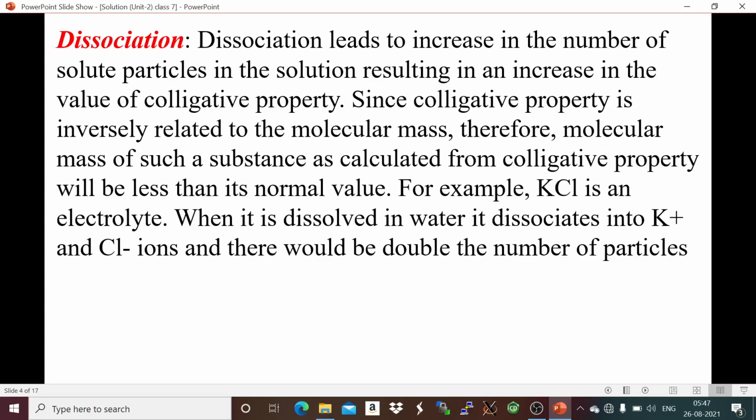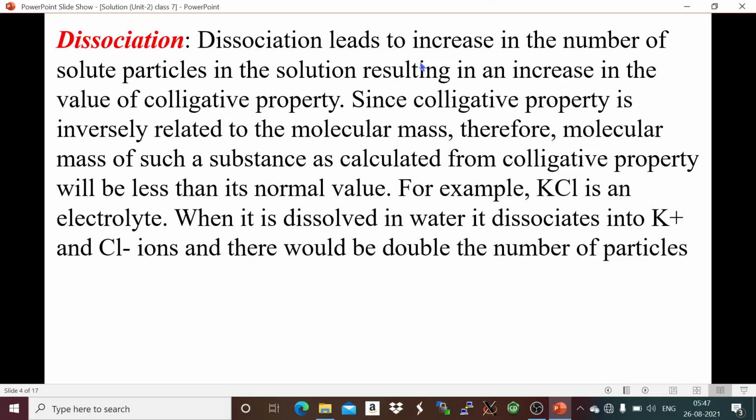Next, what happens due to dissociation? Suppose we dissolve some electrolyte, such as sodium chloride or potassium chloride. When we dissolve potassium chloride in water, it gives K plus and Cl minus.